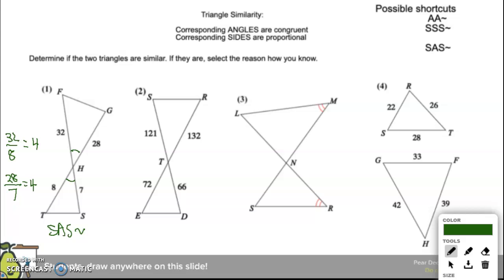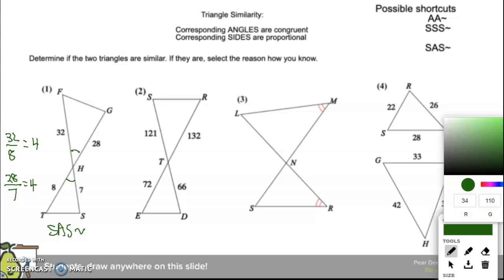What about this case? Again, we know that the vertical angles are going to be the same. So we know that this is going to be the same. Okay, now what about the side length? It's possibly SAS, because we're given two pairs of sides and the included angle.